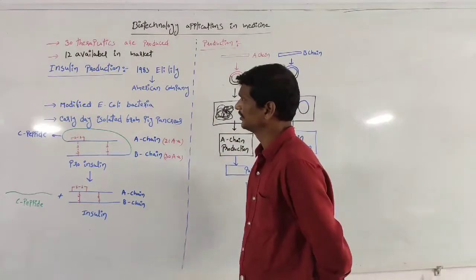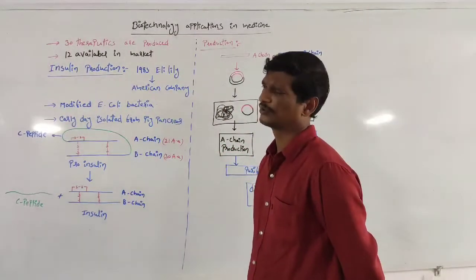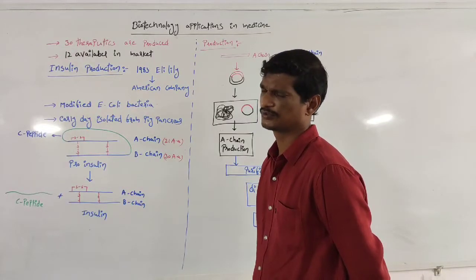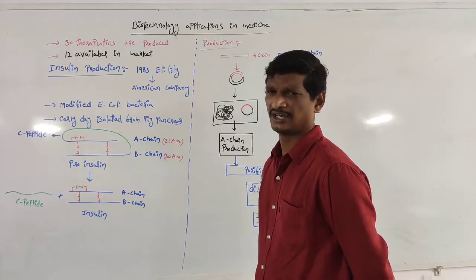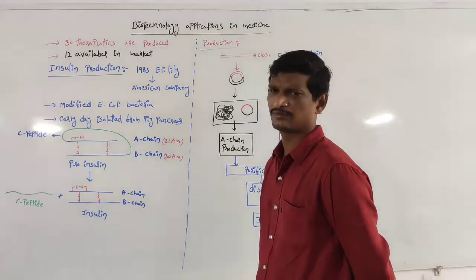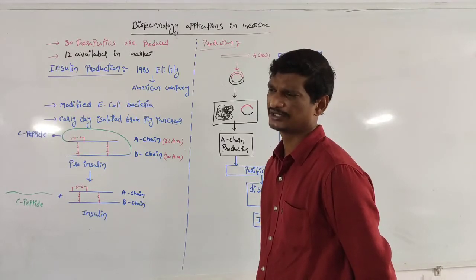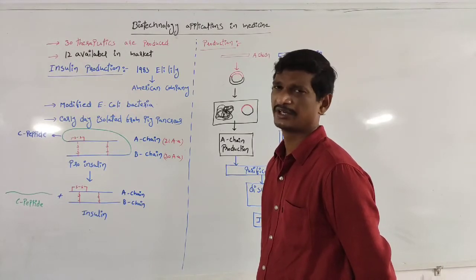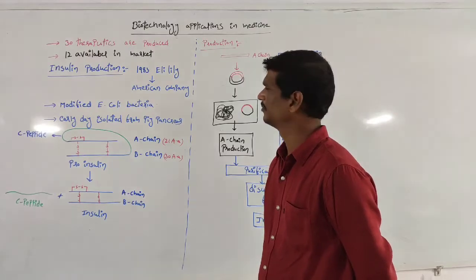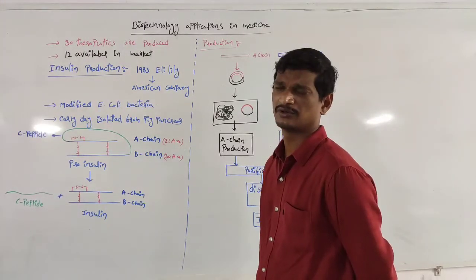See, before going to the insulin production process, we already discussed this; I have given it as an example many times. Remember, in the olden days biotechnology was not available.